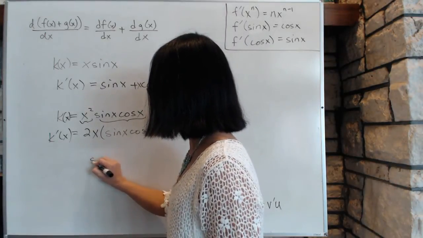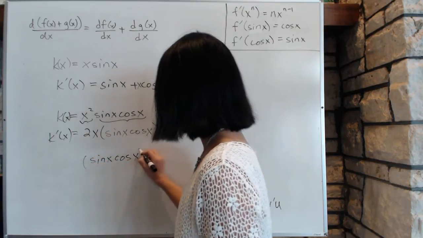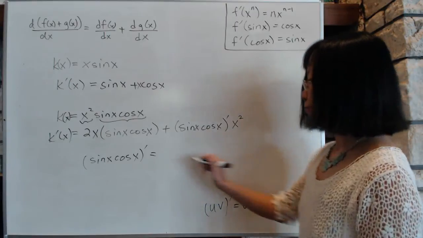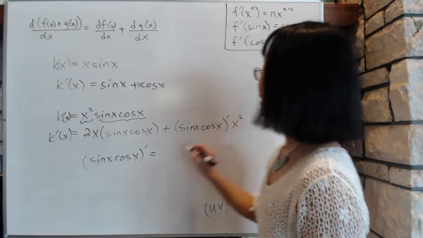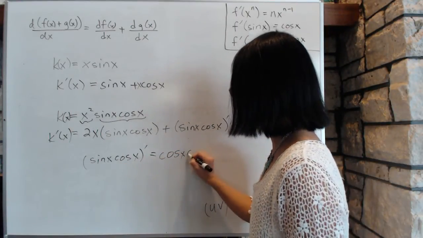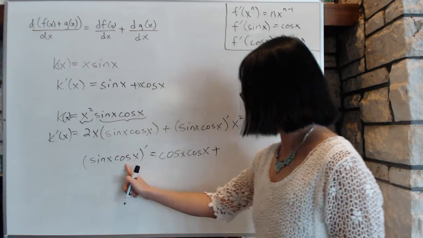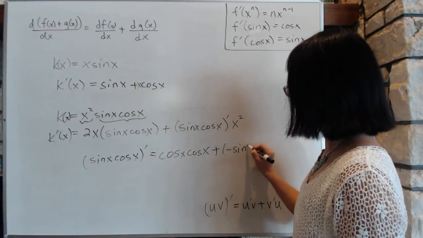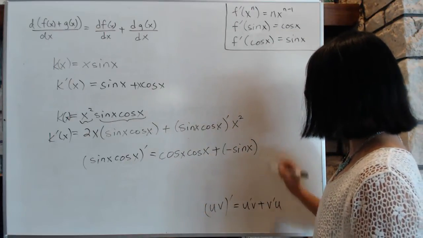The derivative of sine x cosine x has just two terms, and we use the product rule here. The derivative of the first term, sine, is cosine, so it becomes cosine x times the second term, plus the derivative of the second term, which is minus sine x, times the first term, v prime u.